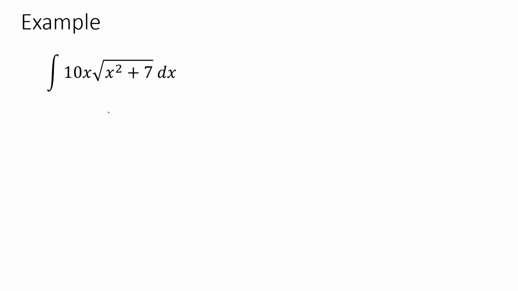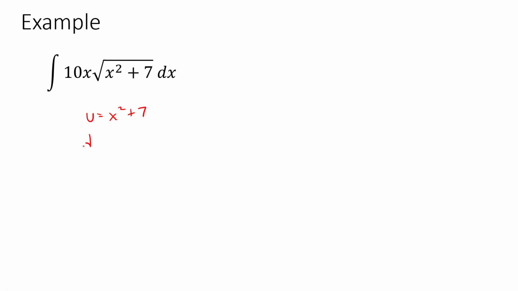So here's an example. I'm going to pick my u to be x squared plus 7. Again, I'm looking for something inside of something else, so this is inside the square root. I'm also thinking, if I take a derivative of x squared, I know that's going to be 2x, and that's going to match up with that.